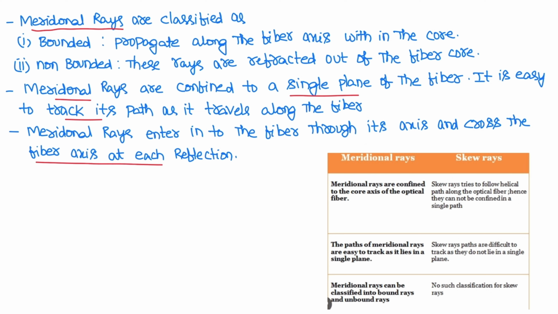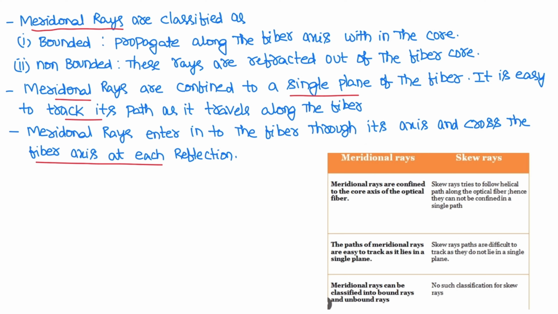So let us see the difference between skew rays and meridional rays. Skew ray paths are difficult to track because they do not lie in a single plane. The paths of meridional rays are easy to track because they lie in a single plane. Meridional rays are classified into bounded and unbounded rays. There is no such classification for skew rays. Skew rays try to follow a helical path along the optical fiber.